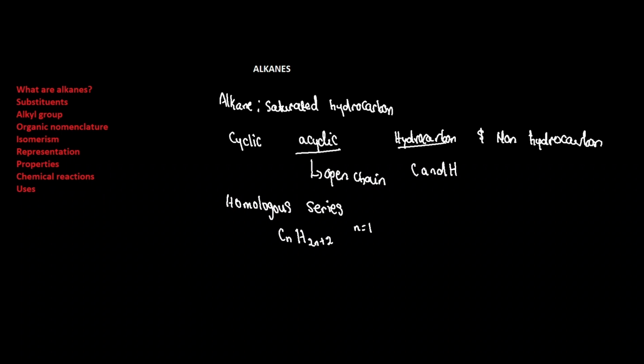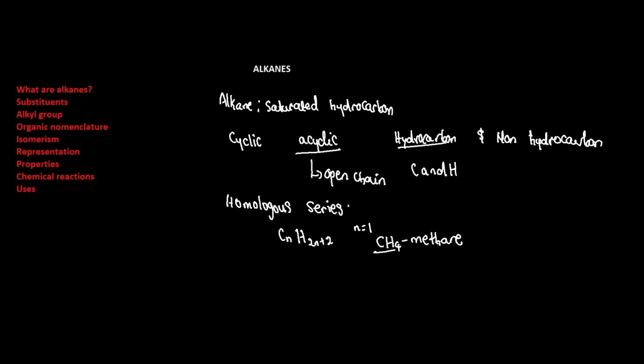So if n is equal to 1, then we would have CH4. This is the first member of the alkane group, and it is called methane.